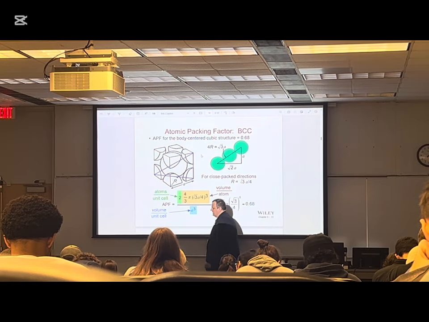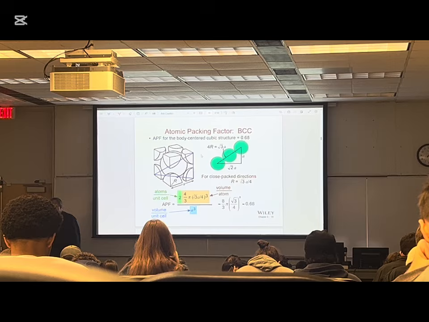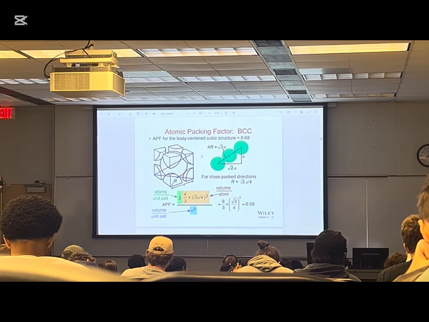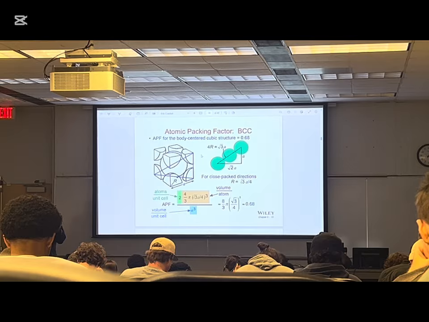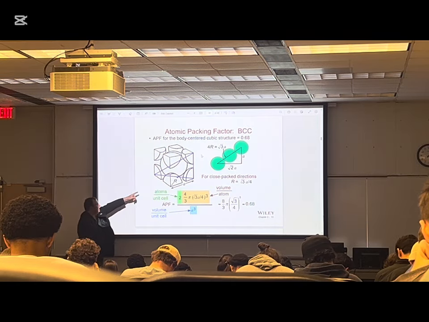How many atoms do we have for a body-centered cubic structure per unit cell? Full atoms. We just discussed that in the previous slide. 2. We have 1/8 at each corner and 1 in the middle.